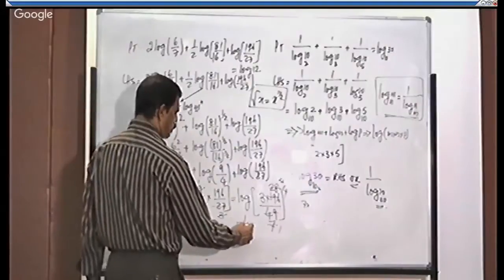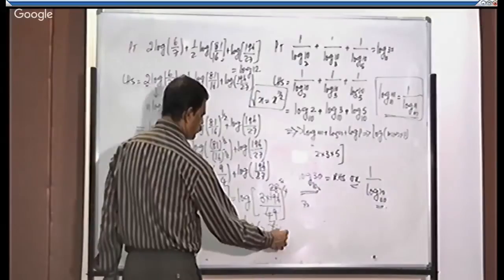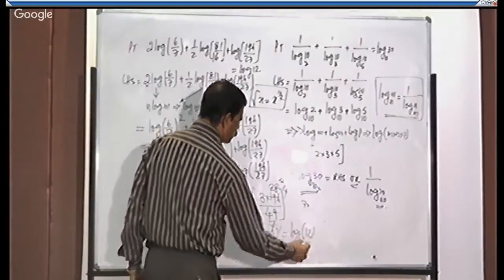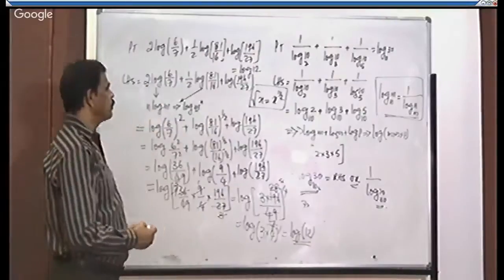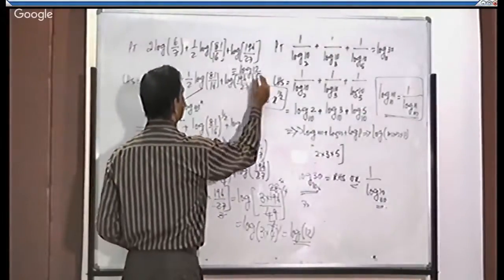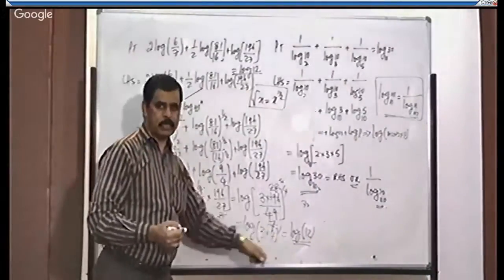So what is remaining? It is log of 3 into 4, correct? So finally we will have log of 12. Log of 12. The right hand side, see, log of 12. Left hand side is equal to right hand side. Clear?